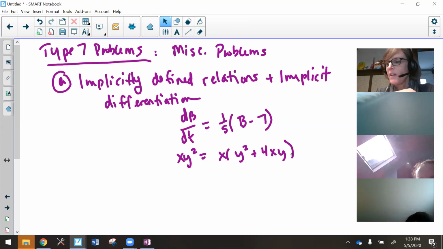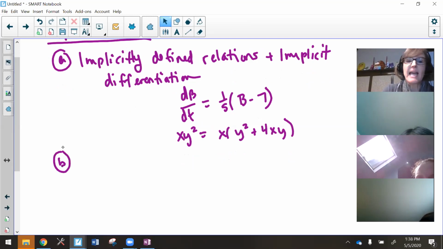You should be able to figure out if there are horizontal or vertical tangents, write the equation for the line of those tangents, and find extreme values, which has to do with the first derivative. So basically all the stuff that we've been doing all year.